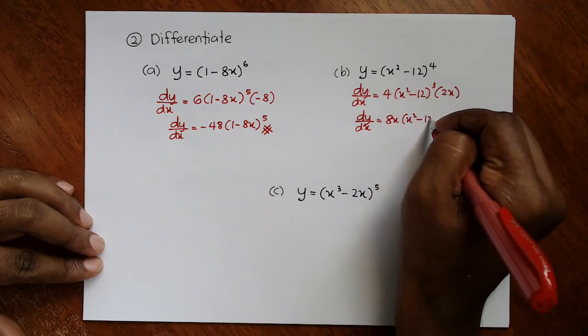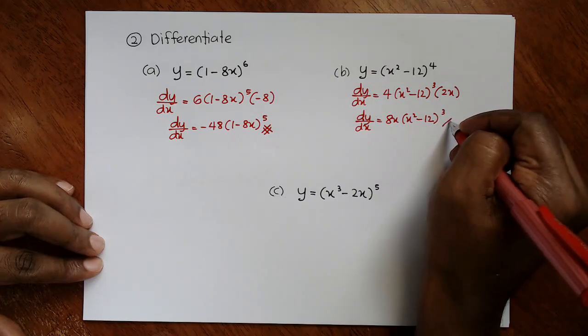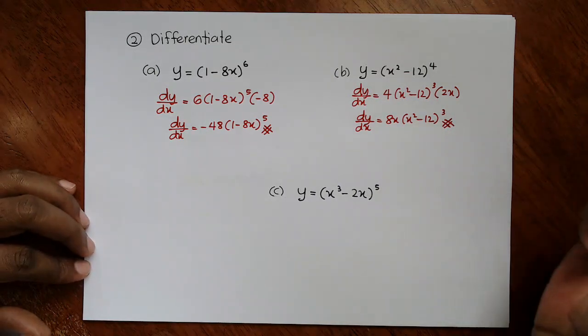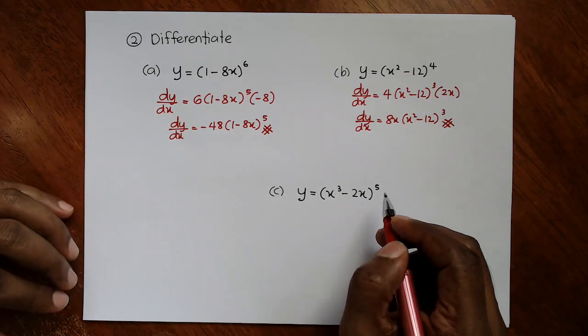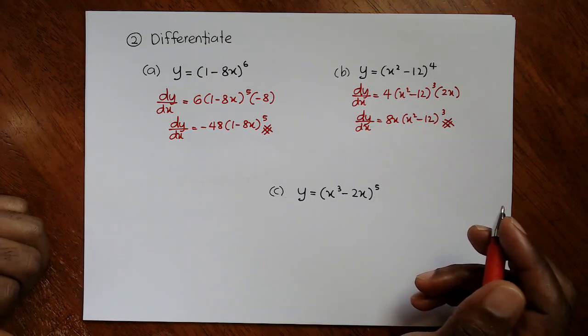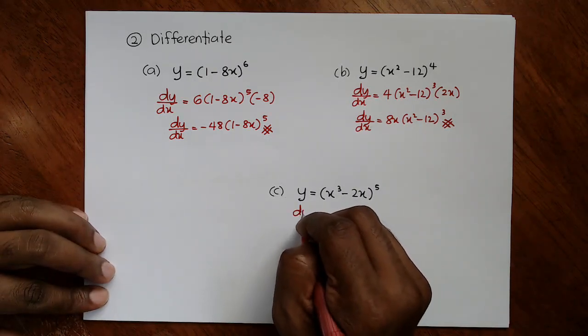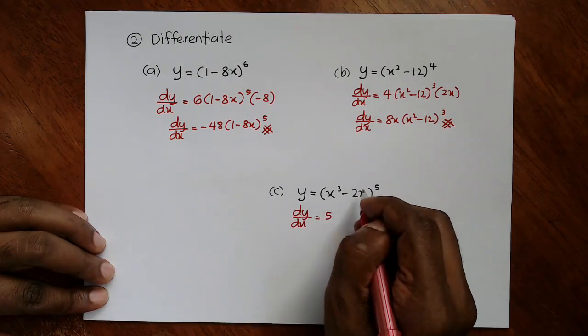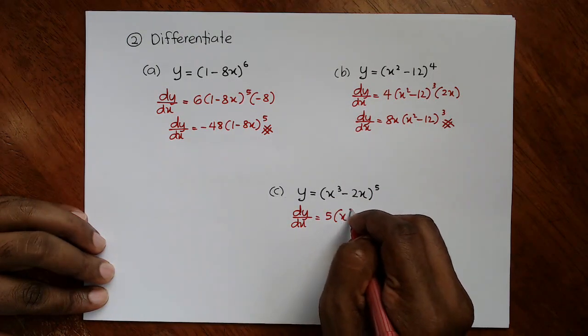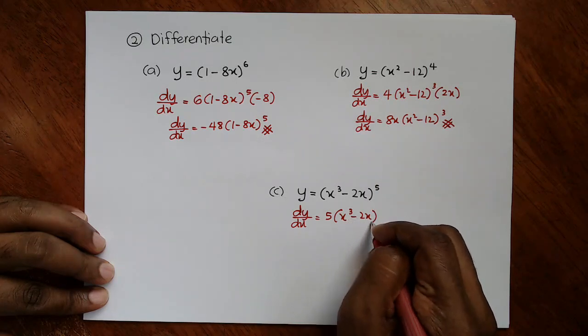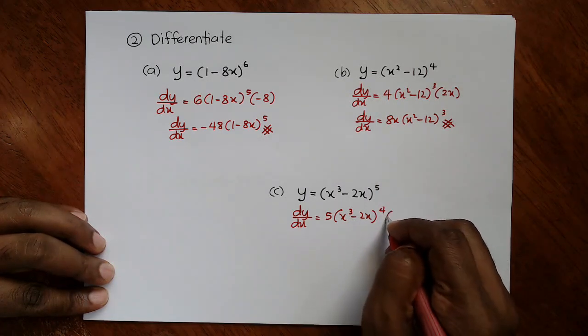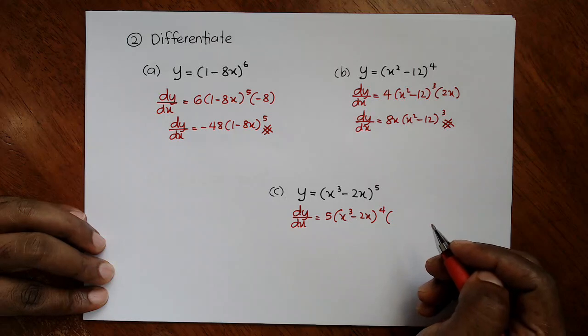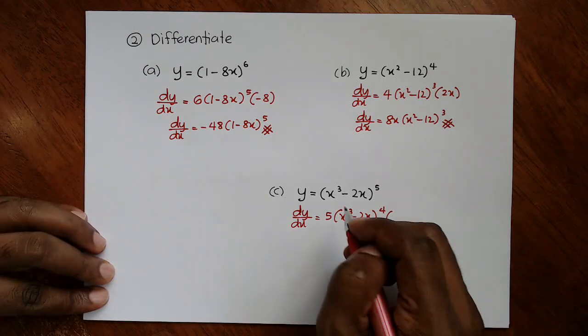Alright, how about this one? Also to the power of 5, so we cannot expand. So we do dy/dx equals 5, the 5 brought in front, (x cubed minus 2x) to the power of 4, and then when you differentiate the inside, you're going to get 3x squared minus 2.